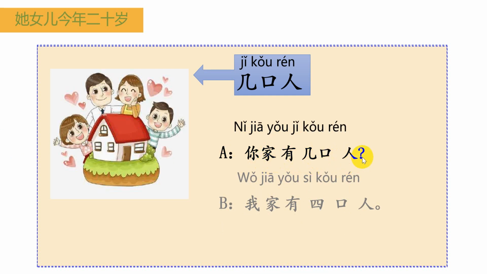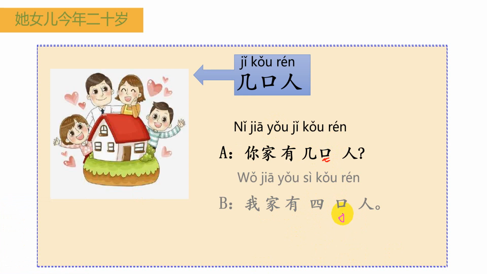Yes, 你家有几口人. 那一起读, 你家有几口人. 你家有几口人. For this picture, how many people? 几口人? 四口人. Yes, 四口人. Okay, the whole sentence: 我家有四口人. Yes, good. 我家有四口人. So in Chinese, maybe this one is a little special, yes, the measure word.